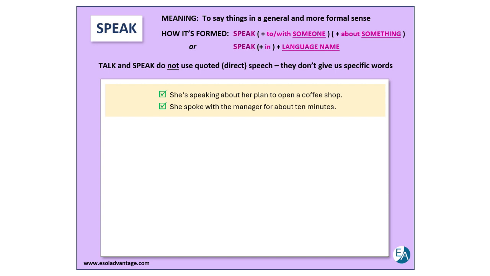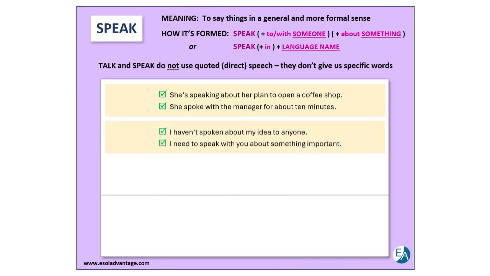We have several options here, both to focus on the person who hears the speech and the thing that we are speaking about. Some more examples. I haven't spoken about my idea to anyone. I need to speak with you about something important. So here we have both the someone and the something included.